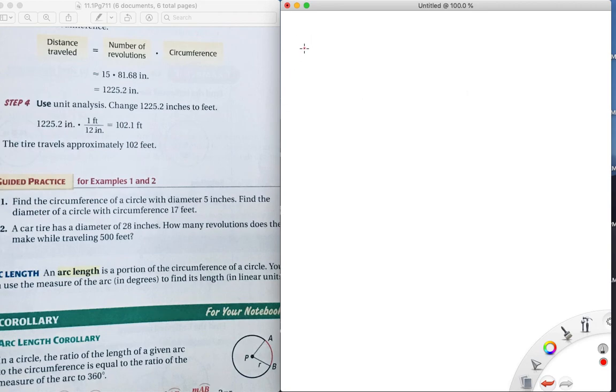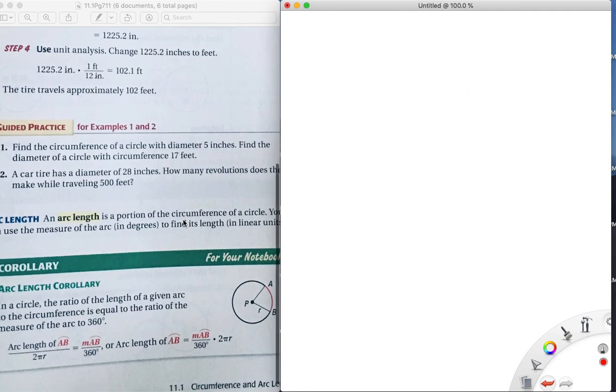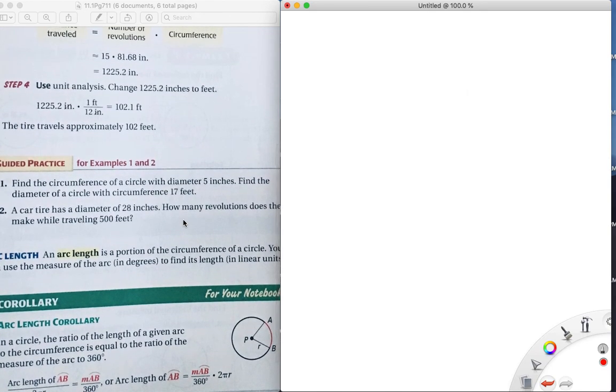So there's two ways that the book describes arc length. For units, they call it the arc length of. For units, I'm just going to call it arc length in units. When you see that, that means arc length in units, meaning inches, feet, centimeters.